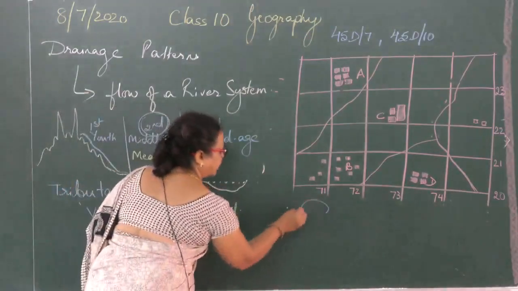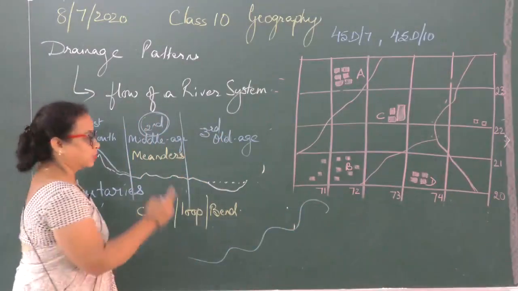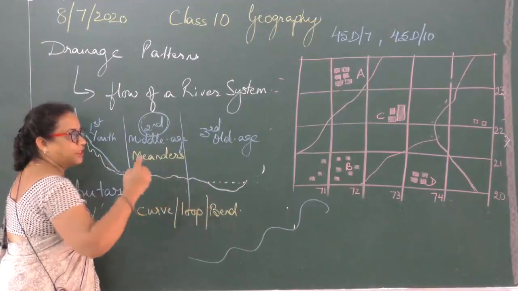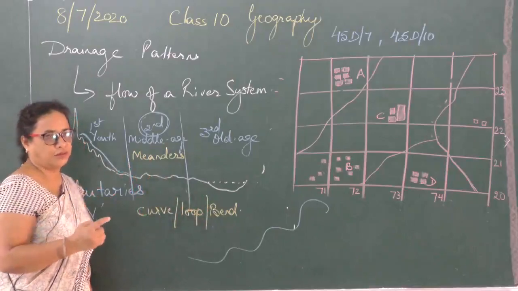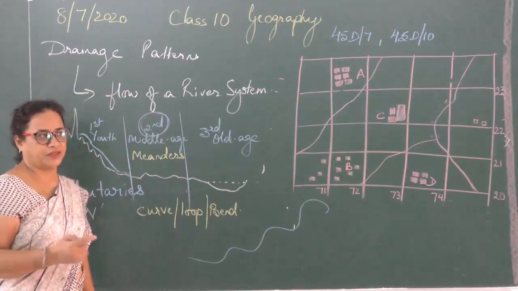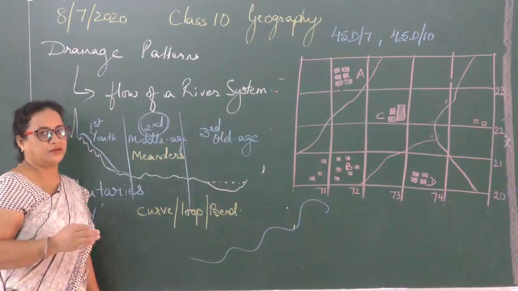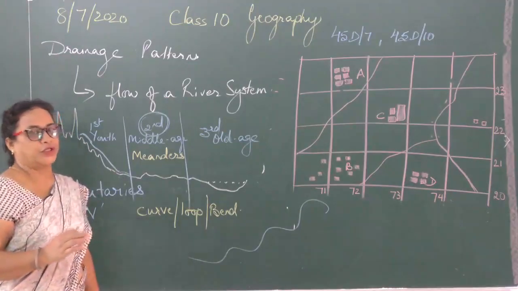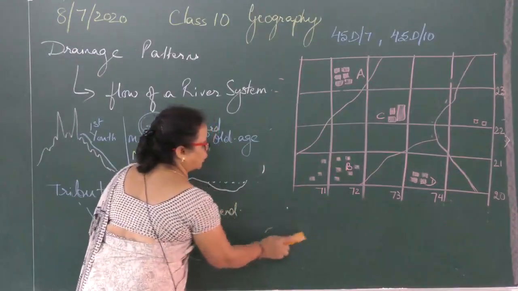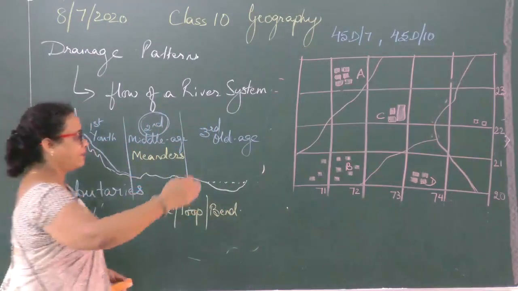That means when the river is flowing like this, S-shaped curves are made. Here, those are called meanders. A curve or loop or bend is formed in the path of a river whenever the flow of water is obstructed, meaning any barrier comes.